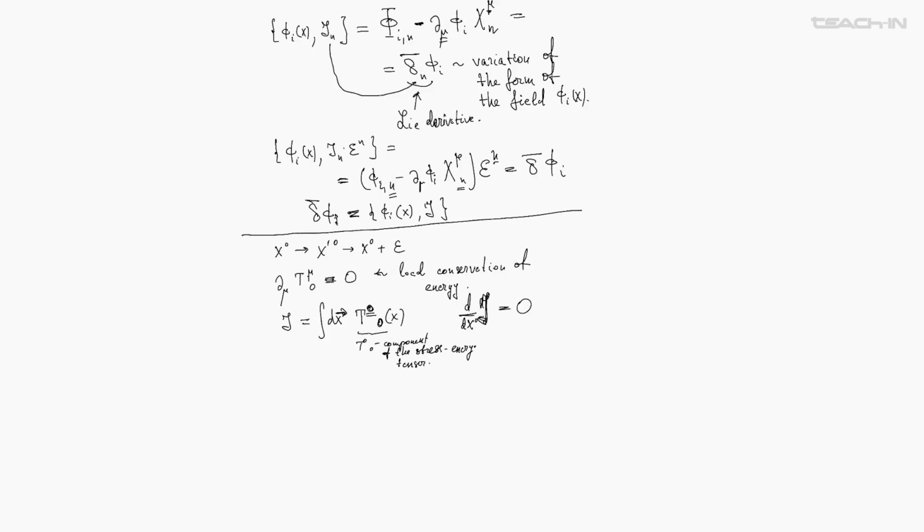But if I'm not wrong, T00 component is rho c squared, rest mass energy density, mc squared.